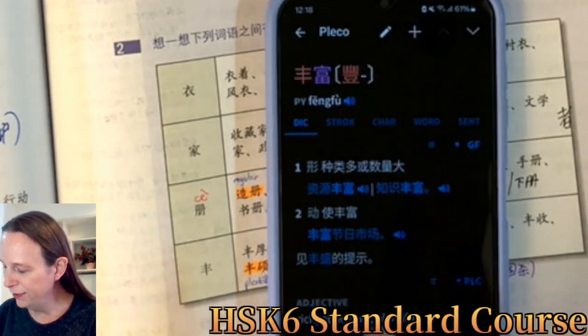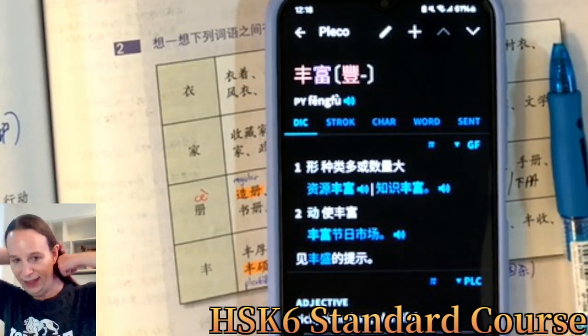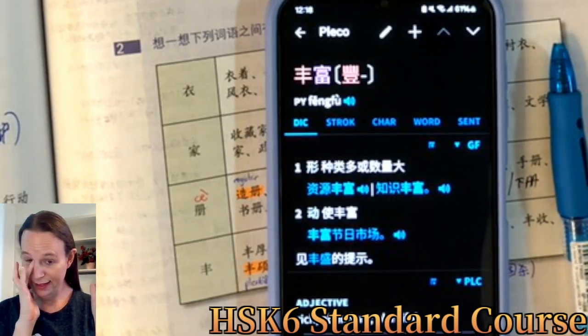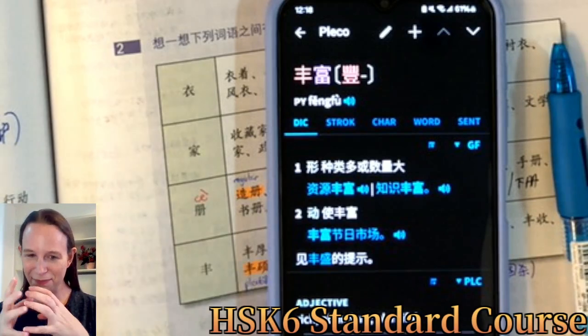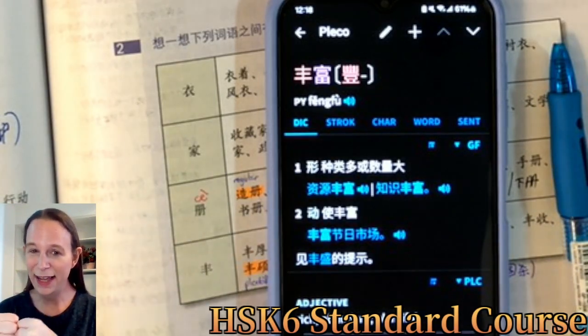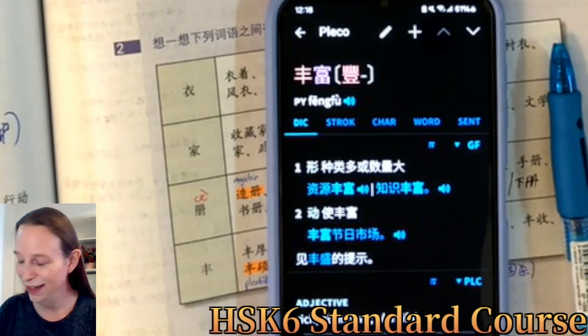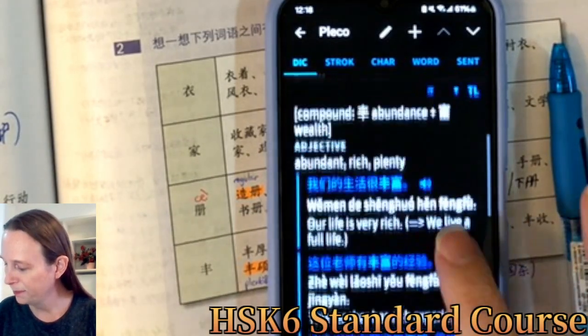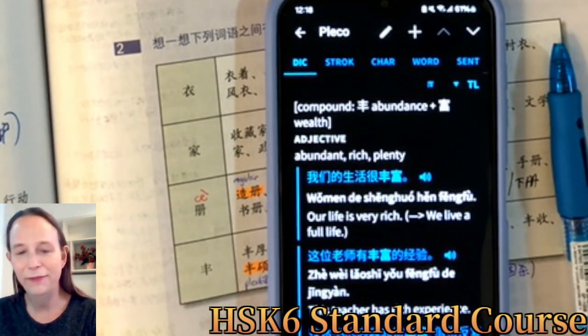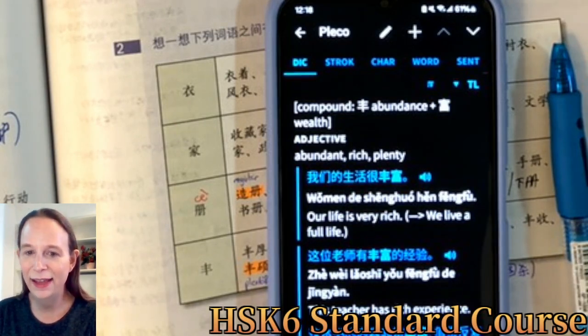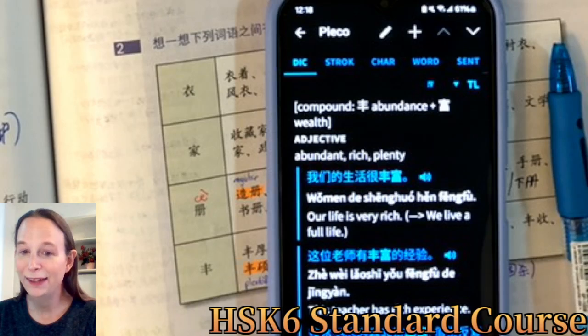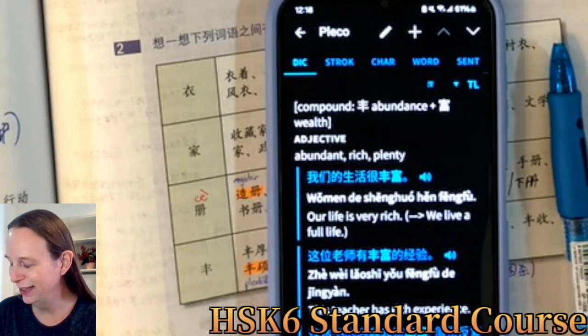Yeah. 丰富节日市场, yeah, so it's a verb as well. So you can use the verb meaning to cause it to become plentiful, or enrich. 我们的生活很丰富, so this adjective, our life is very rich, yeah, meaningful, fulfilled.